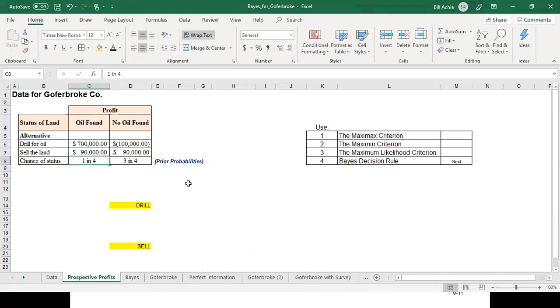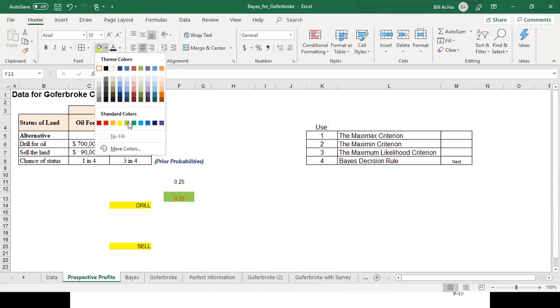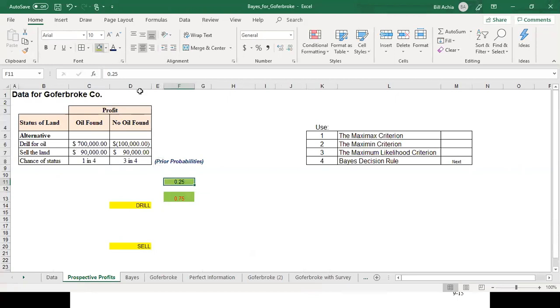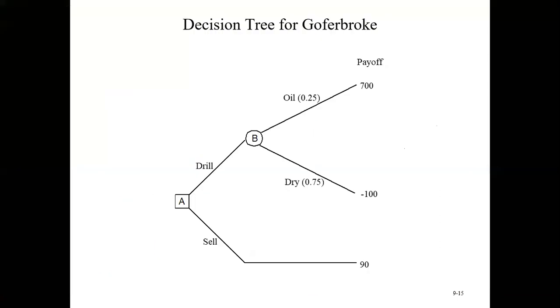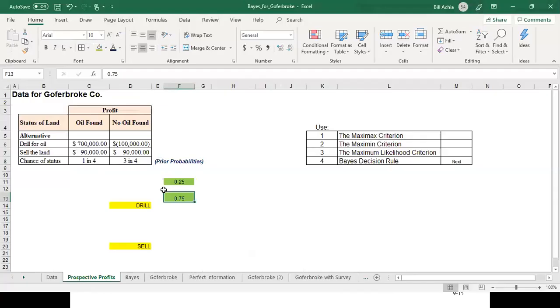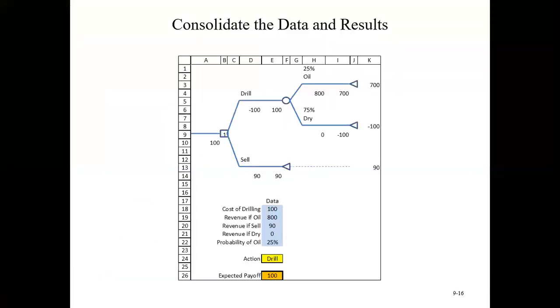If we decide to drill and we find oil, there's a 25% probability associated with that, and there's a 75% probability that no oil will be found. Okay, those are second level decisions that are based on random factors that we really have no control over. Okay, and based on all of that, we can calculate our probabilities associated with every option that we have here.